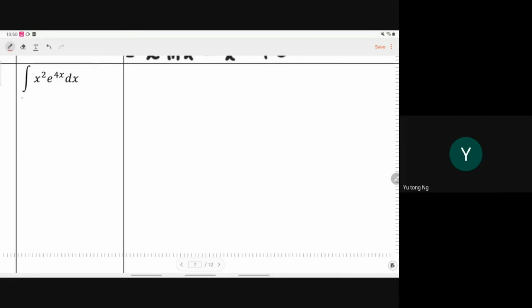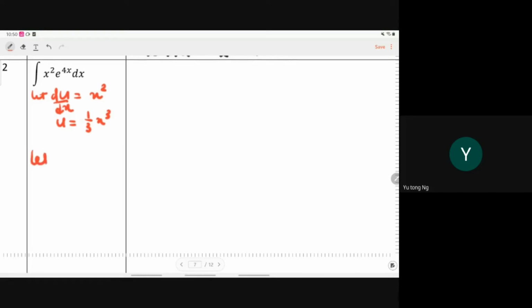So let du dx equals to x square, and then your u equals to 1 over 3 x cubed. And then let v equals to e to the power of 4x, and then dv dx equals to 4e^4x.